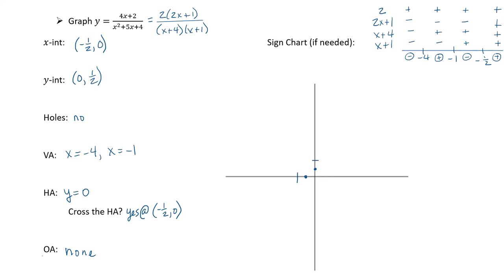There are no holes. I have x equals -4 as a vertical asymptote. And I have x equals -1 as a vertical asymptote, and y equals 0 as a horizontal asymptote again.